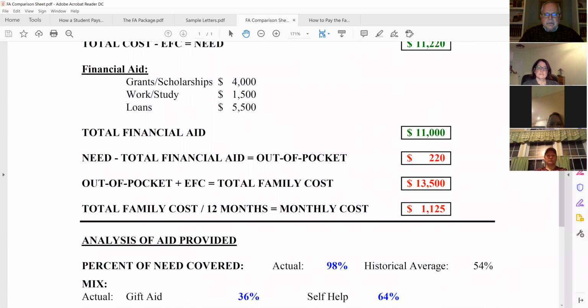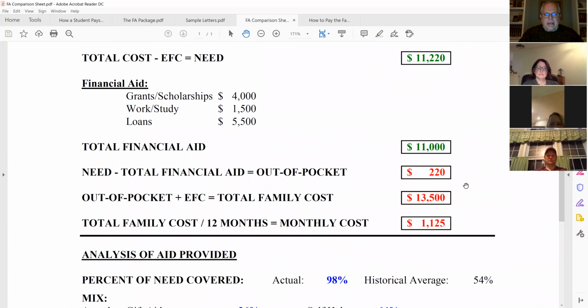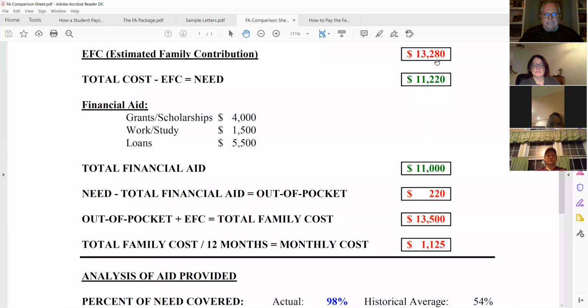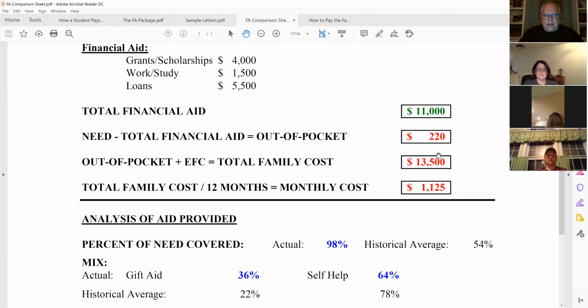The difference, or here's the total aid. The difference is that amount. This is out of pocket. So we got the 11, but we didn't get the 220. So we've got an out of pocket of 220 plus what they said we can afford, right, as a family. So the two together is a total out of pocket for the family. So we know exactly what we're going to be looking at.